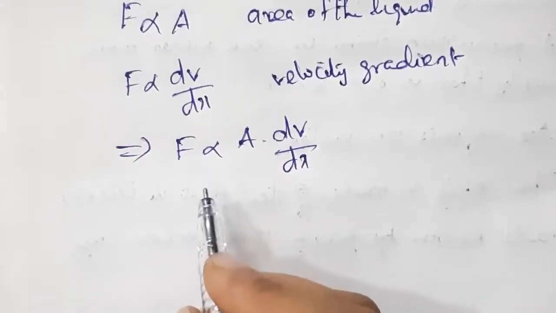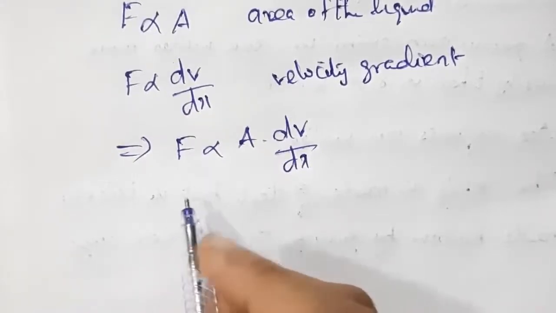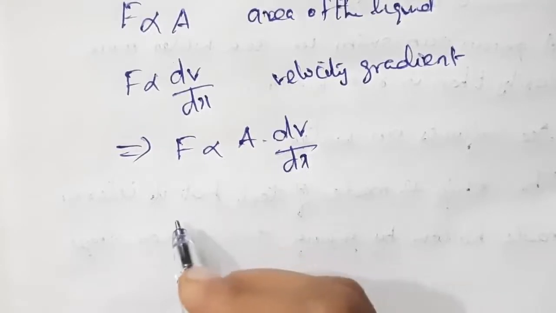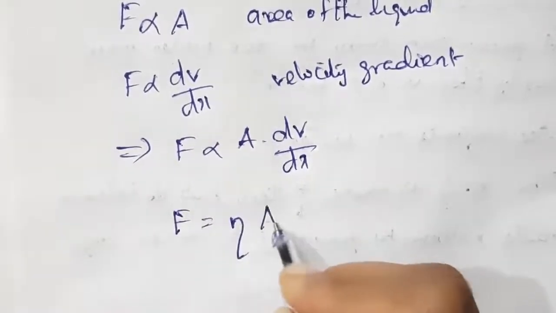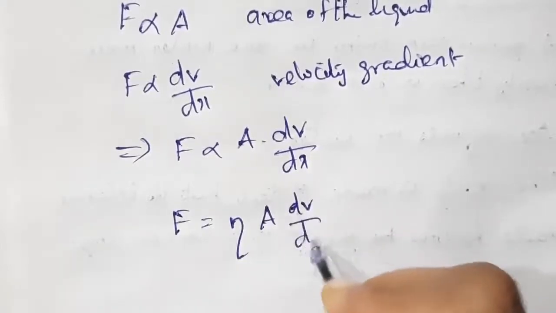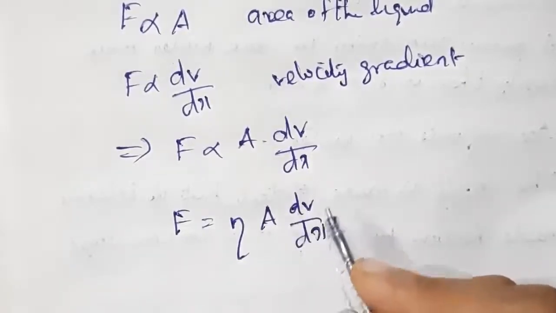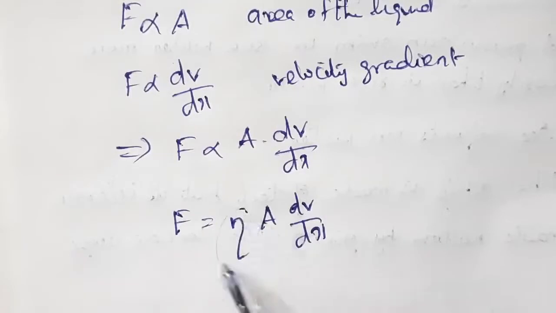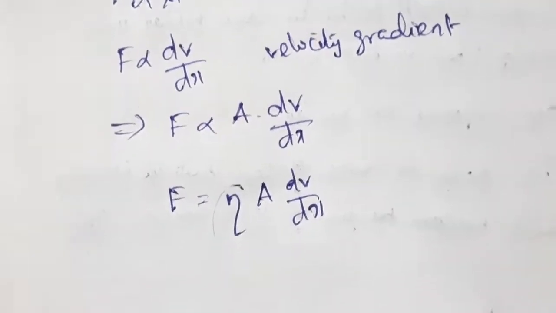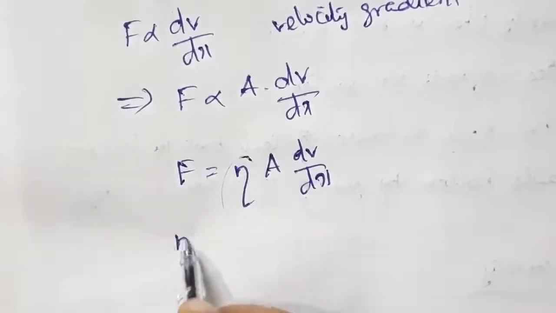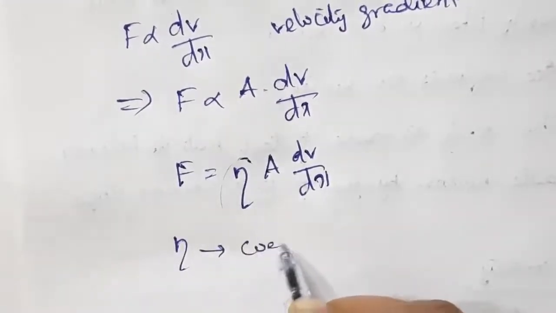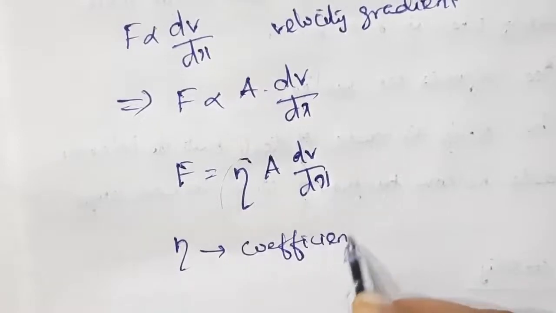To remove the proportionality, we should introduce a constant. So we can write F equals eta A into dv by dx, where this eta is known as the coefficient of viscosity. The constant of proportionality eta is known as the coefficient of viscosity.